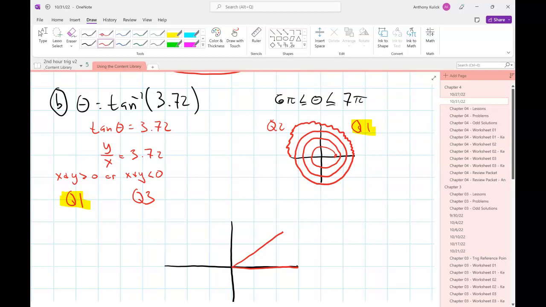So I need to go at least 6 pi around before I stop at that terminal side. So starting on the positive x-axis, rotating counterclockwise, half a pi, 1 pi, 1.5, 2 pi, 2.5, 3 pi, 3.5, 4 pi, 4.5, 5 pi, 5.5, 6 pi, and then I can go to my answer.